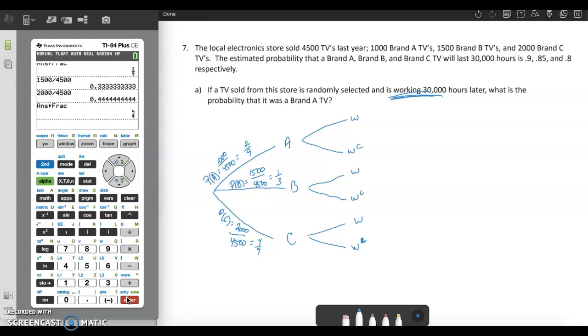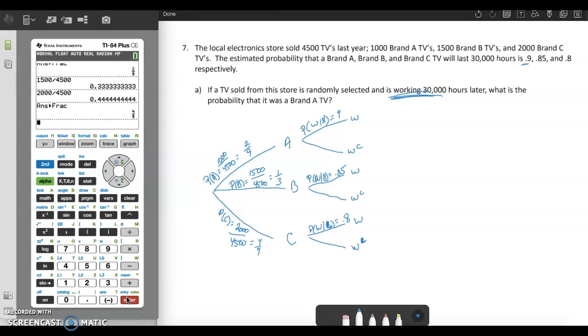The probability that it is working, given that it was a brand A, is 0.9. I could do the complement for not working, but that's irrelevant for our question. So I'm going to skip down. The probability that it's working given that it's a brand B is 0.85, and the probability that it's working given that it's a brand C is 0.8.